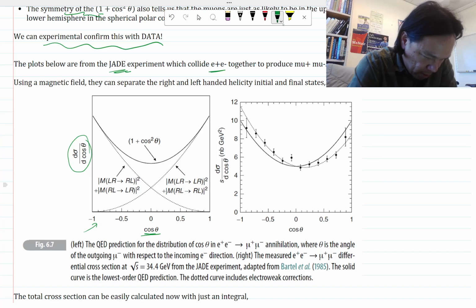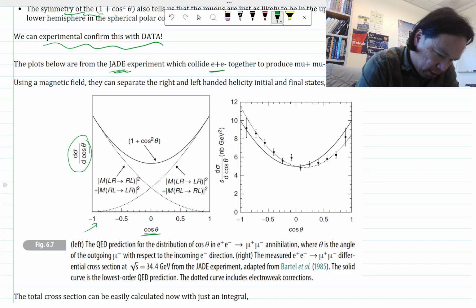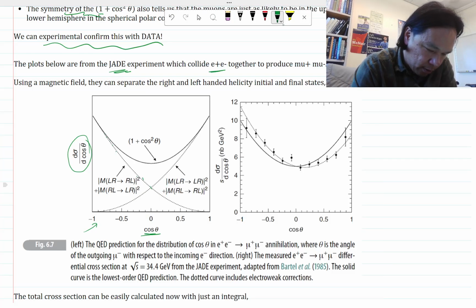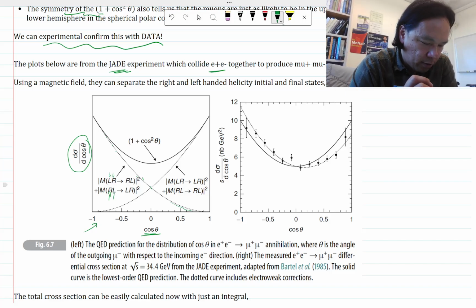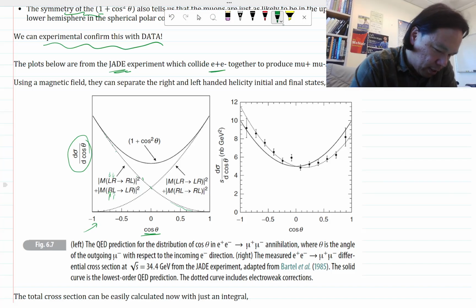The dotted line is the actual data itself that they found. This is the combination of a left-handed electron with a right-handed anti-electron, and a right-handed electron with a left-handed positron colliding, producing a right-handed muon and a left-handed anti-muon.